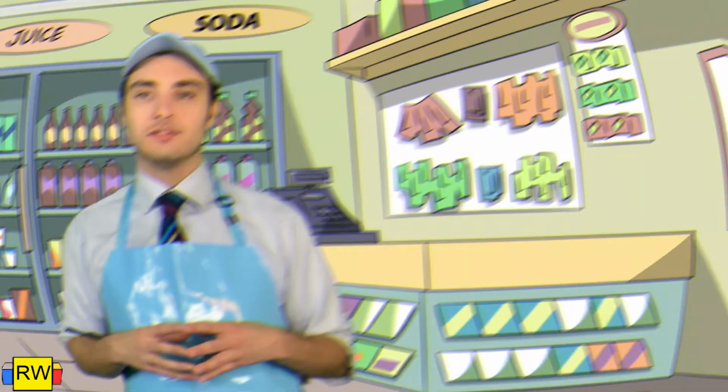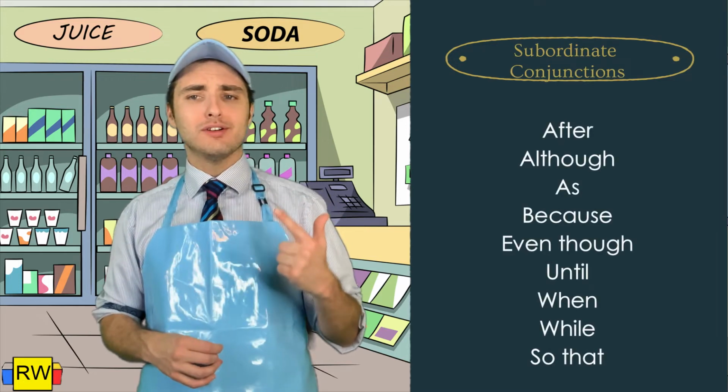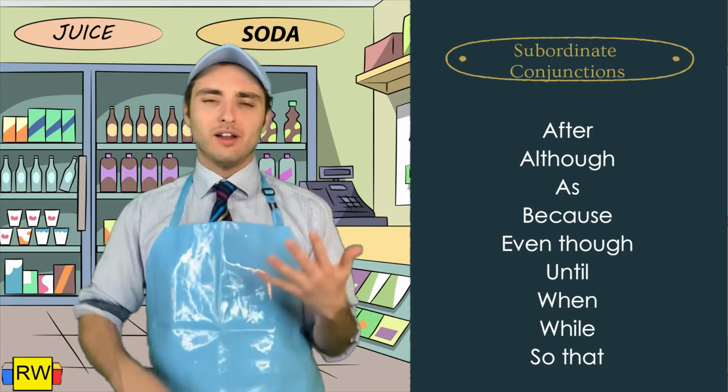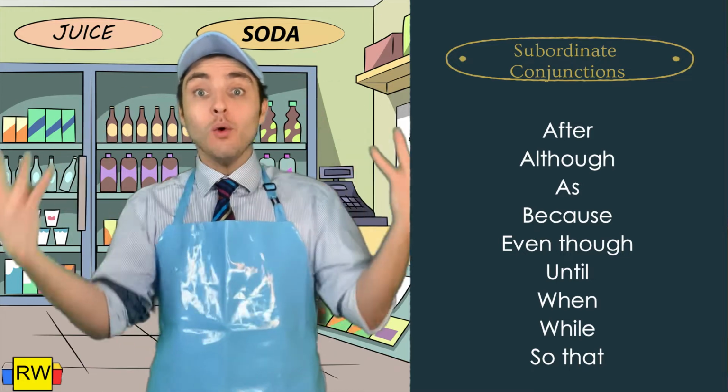Let's take a look at a couple of examples. Some common examples of subordinating conjunctions are after, although, as, because, even though, until, when, while, so that.